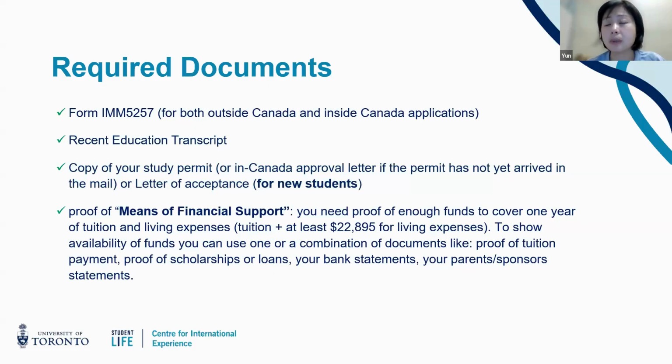This is because you are traveling to Canada as a student. If you're only applying for a visitor visa, it could be different, but because we are speaking with the international students at U of T here, it's basically the same.